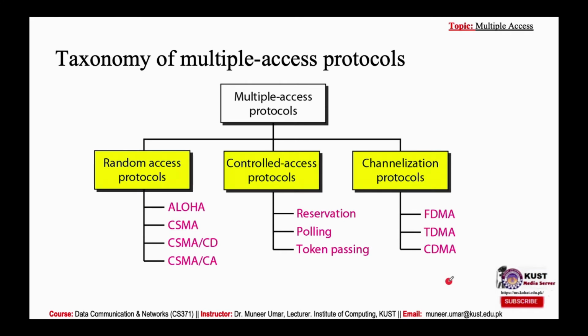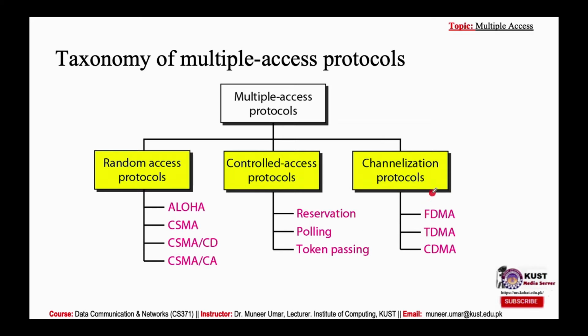So these are the multiple access protocols. We have random access protocols, controlled access protocols, and channelization protocols. Under random access protocols, we have Aloha, CSMA, CSMA-CD, and CSMA-CA. And under controlled access protocol, we have reservation, polling, and token passing.